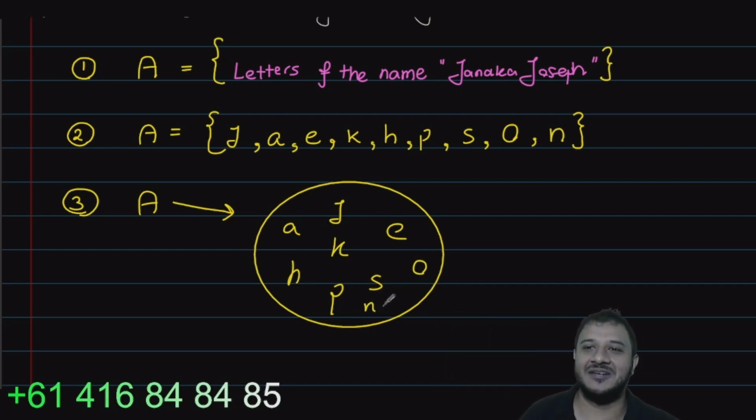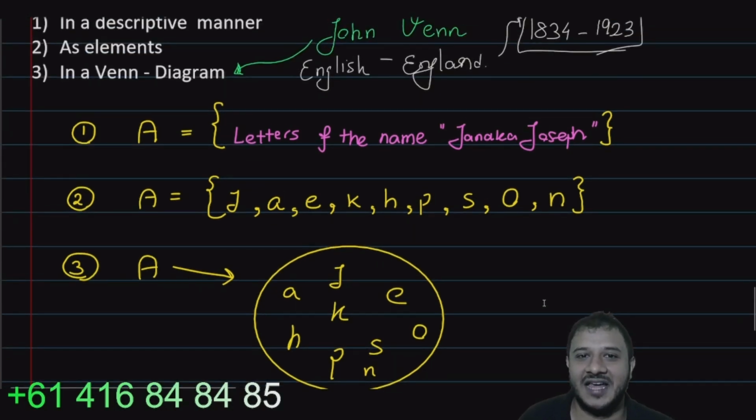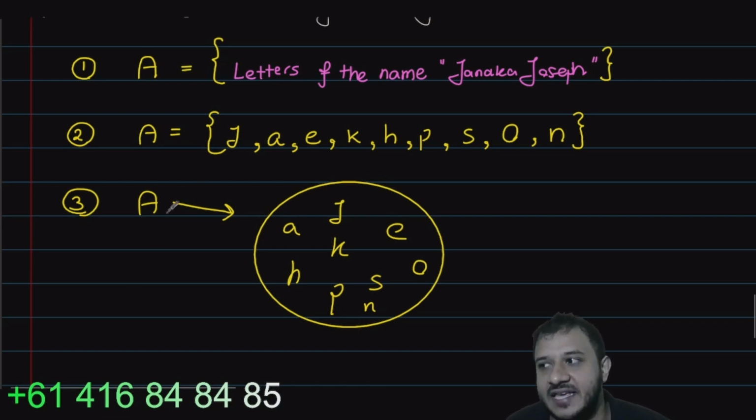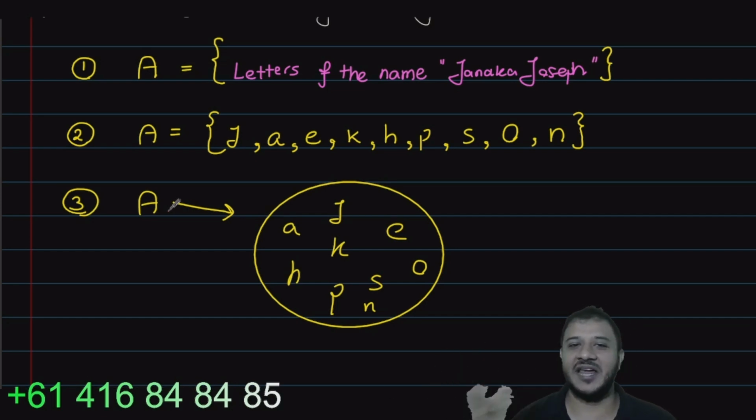This is what a Venn diagram is. Got it, everybody? Very easy. Just draw it as a picture. So no commas, no curly brackets, just put it in a picture. That's it. Got it, everyone? No problems? But remember, whatever set they say, if it is set A, you have to write A equals. If they say set B, you will write B equals.